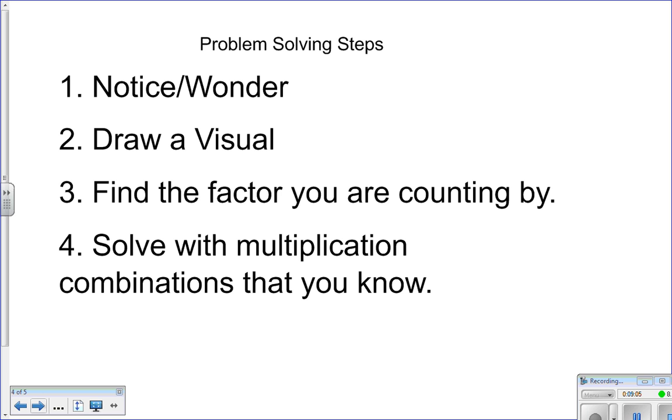Number 3, go back in the story problem to find the factor you're counting by. And then number 4, solve with multiplication combinations that you already know. Kind of like how we knew we were counting by 6, and then you knew 6 times 10 to start with. That was kind of your example.